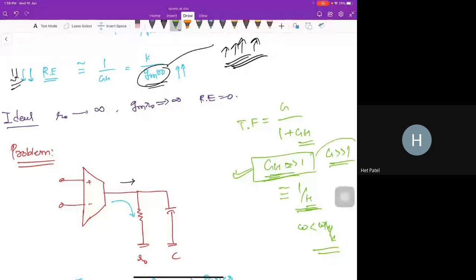So I need a higher gain for the negative feedback purpose and also for reducing the relative error. This is the point we have to take note of here.